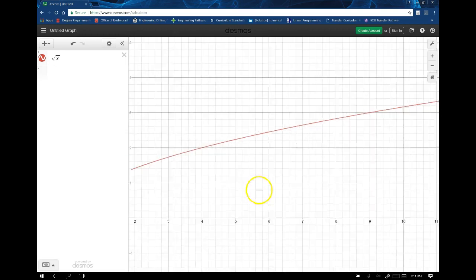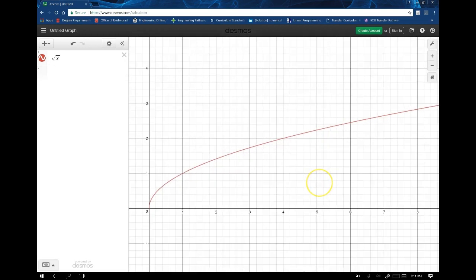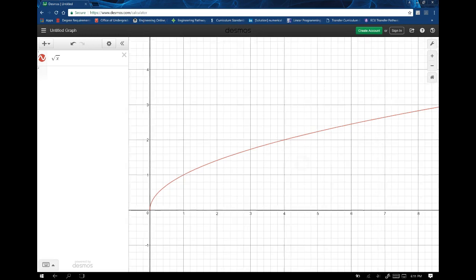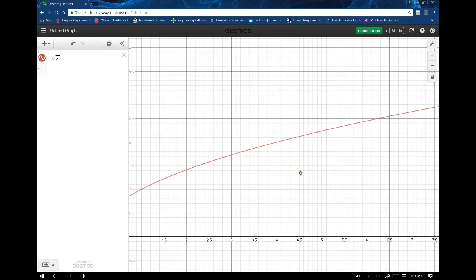So we're going to work with the square root graph, and the point 4, 2, and look at some different things that are happening around 4, 2. We're going to see that we can get some pretty close approximations for the square root function by using just a linear equation, because really close to 4 on this graph, as long as we stay pretty close, it looks just like a straight line.